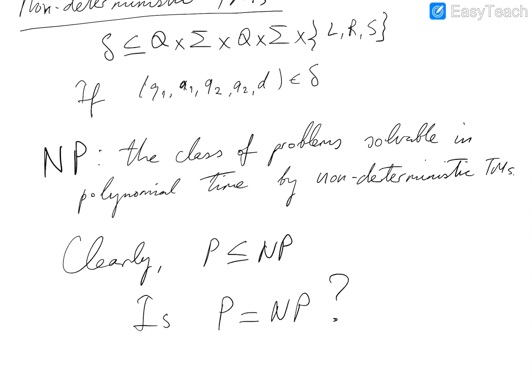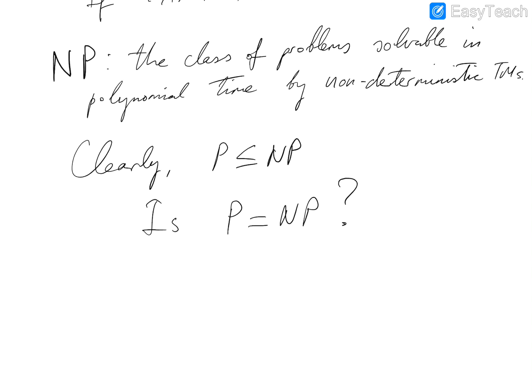And then there is the complement of P and NP. The class co-NP. Let's define co-P first. So co-P is the set of all problems whose complements are solvable in polynomial time by a deterministic Turing machine. And if we could solve a problem in polynomial time by a deterministic Turing machine, if we can have an answer to that problem, then we can certainly have an answer to the negation of that problem in the same complexity class.